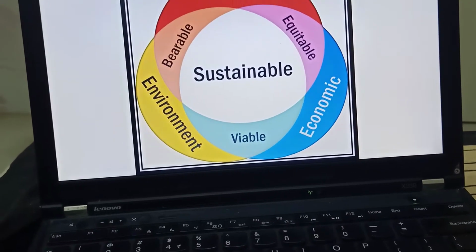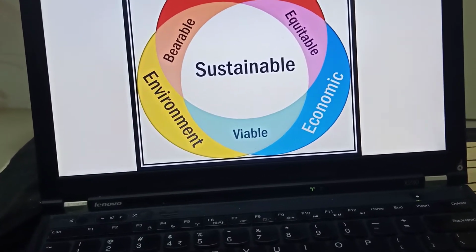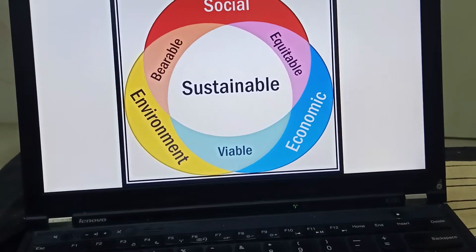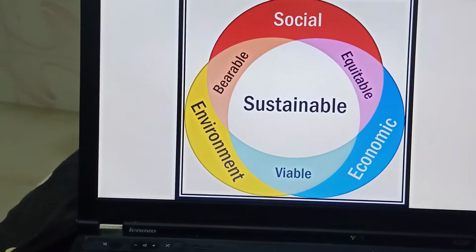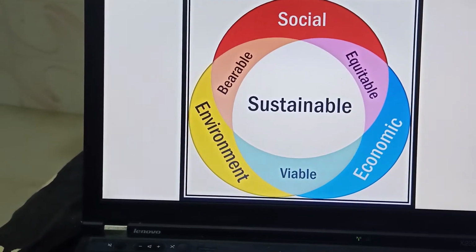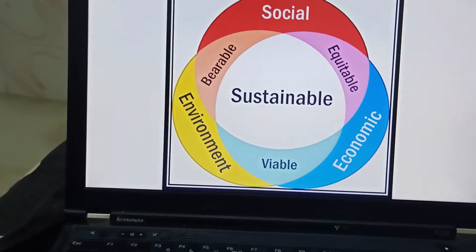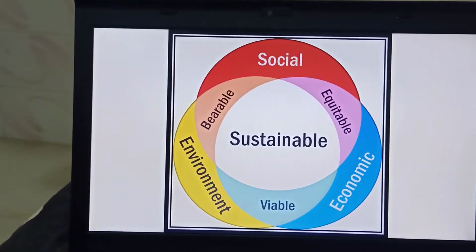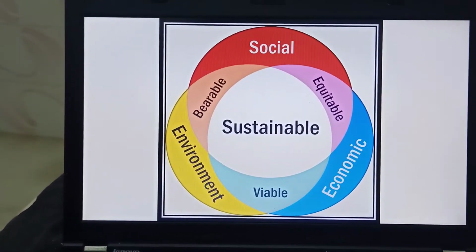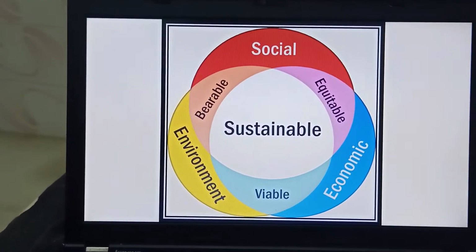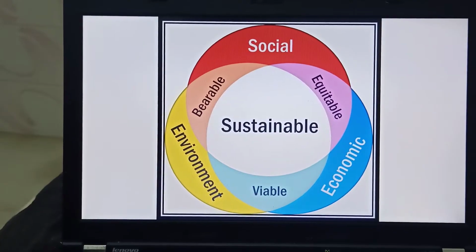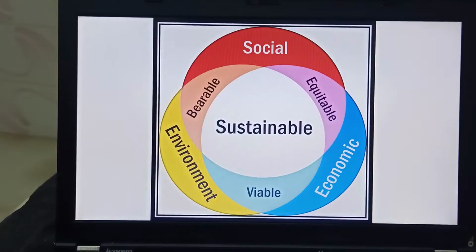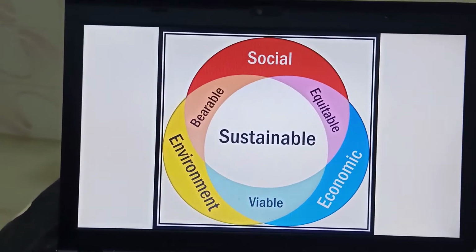The next aspect includes environmental, which helps in preserving the environment by reducing the use of natural resources, prevention of pollution, environmental management, etc. And the last aspect is about social, that is, including all human communities to access all resources, education being the top priority to raise the standard of living and also gain equal opportunity in all fields.